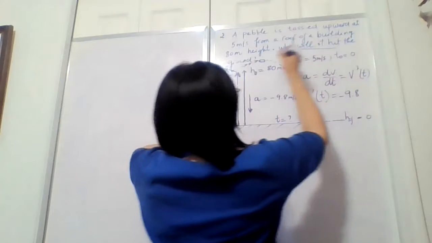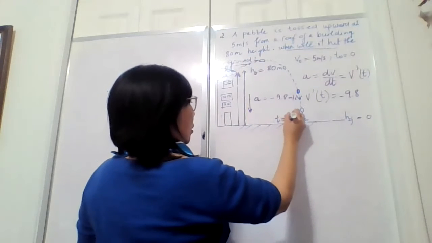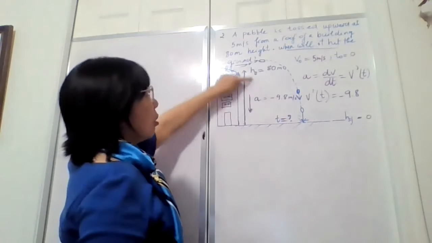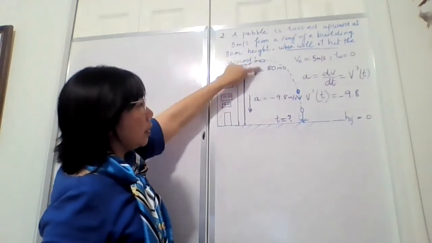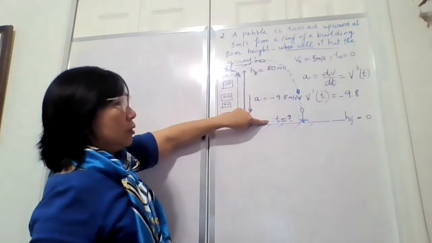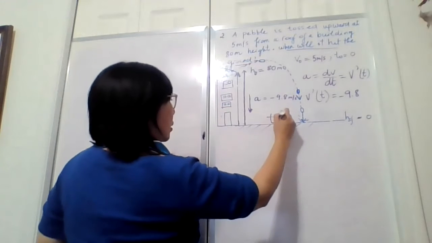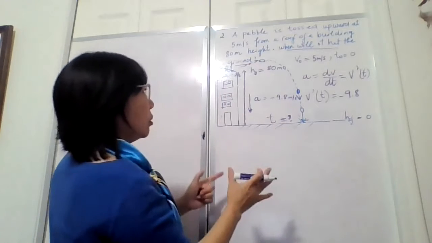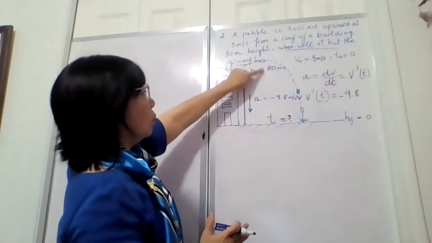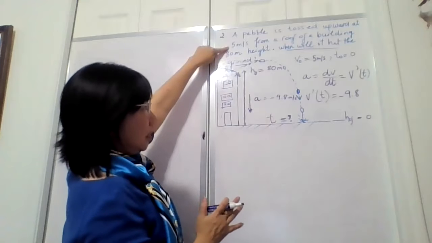Now we're going to find what the question asks us: when will it hit the ground? The question asks how long the pebble will take to go all the way from the maximum level down to the ground. They ask for time, so I put t equals question mark. How long does it take for the pebble to go down with the initial velocity of 5 meters per second?